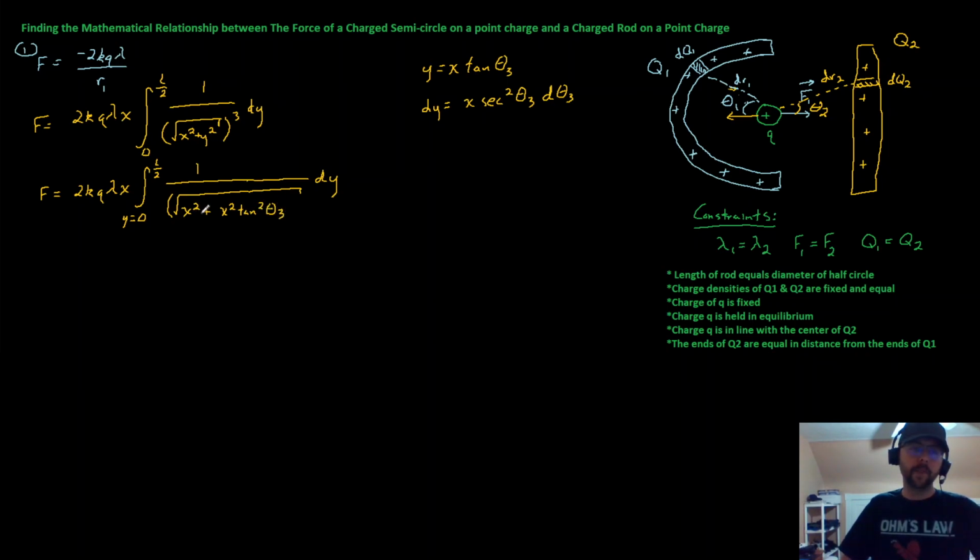Now we can factor out an x squared, and we're going to have x squared times 1 plus tangent squared theta sub 3. Yes. Now 1 plus tangent squared theta sub 3 is equal to secant squared theta sub 3. So we're going to write that in.